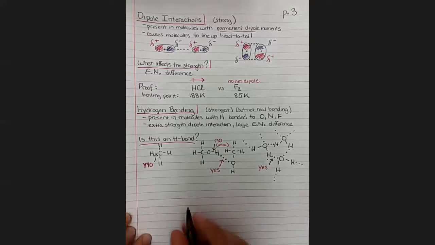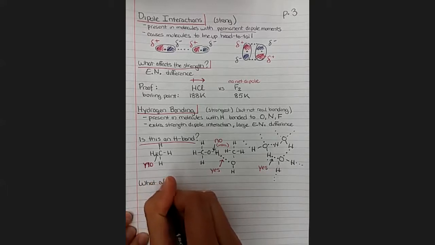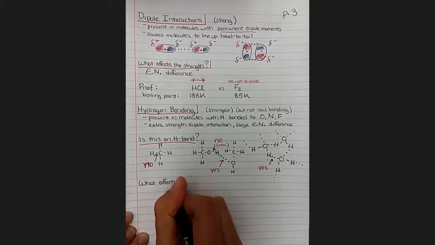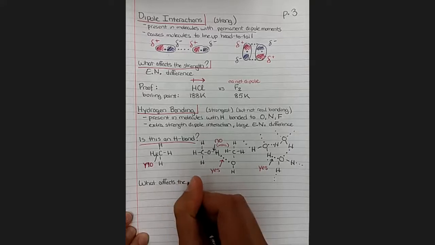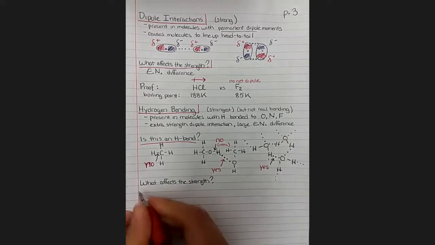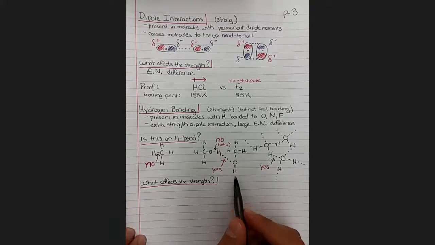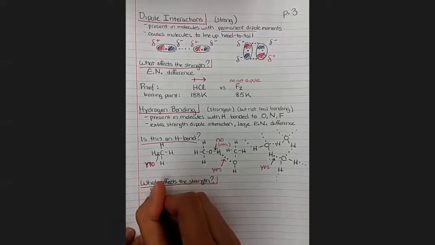Okay, and what affects the strength of these? You could probably guess. What affects the strength of the hydrogen bonds? It's the number of locations where a hydrogen bond can be formed.